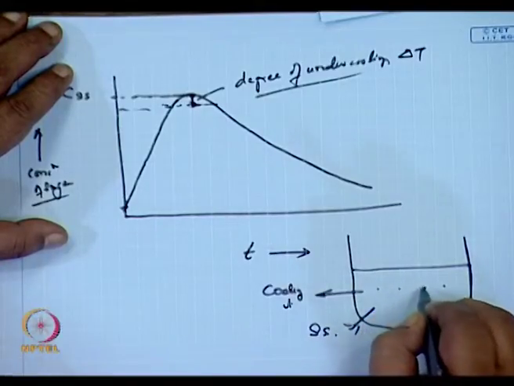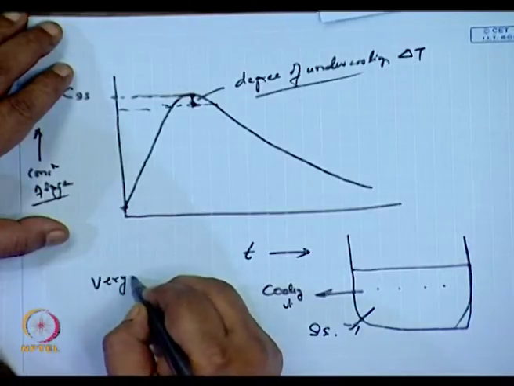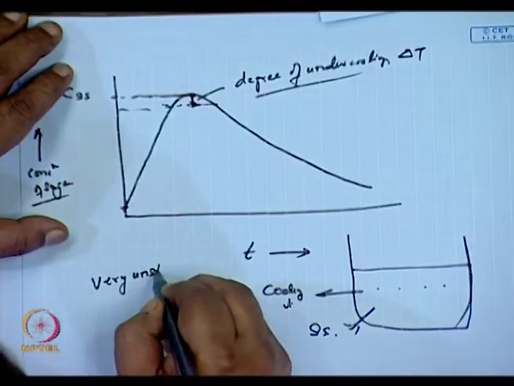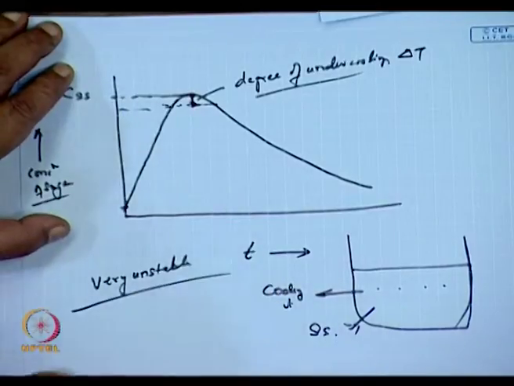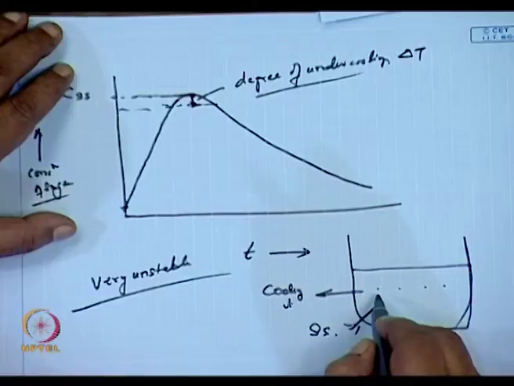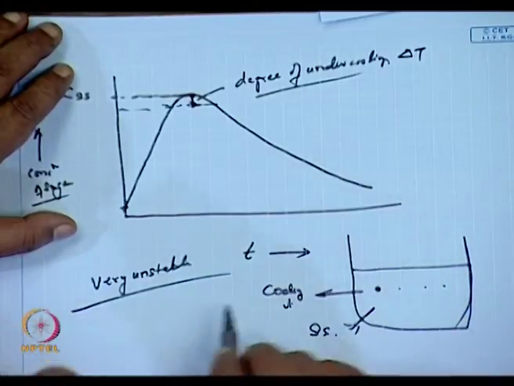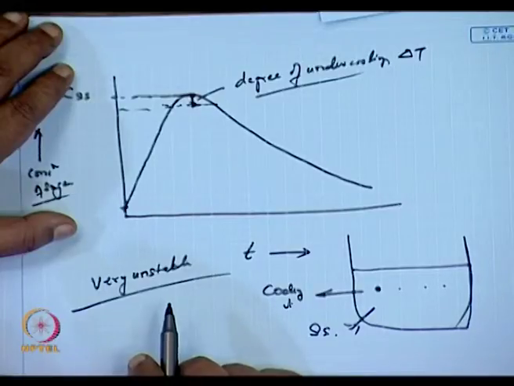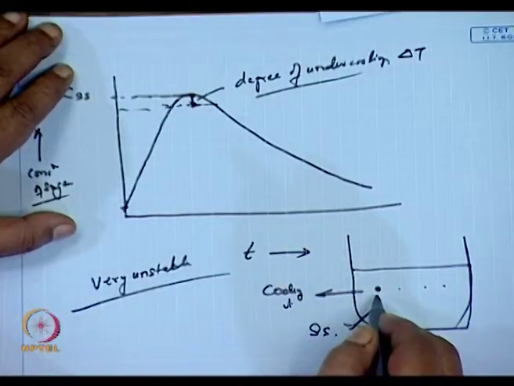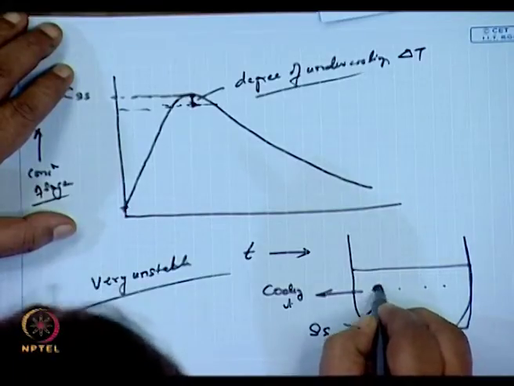This nuclei which is first formed is very unstable. So, this nuclei dissolves and a bigger nuclei is deposited. This nuclei may still be unstable, this will dissolve and a bigger nuclei is deposited.